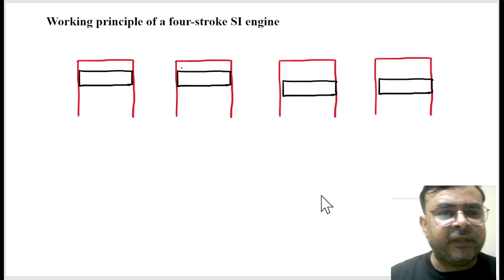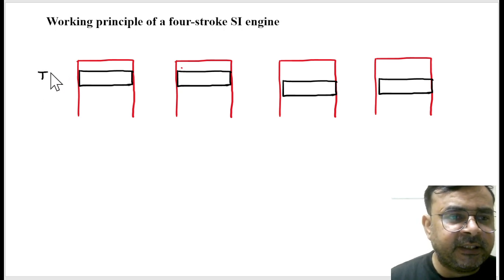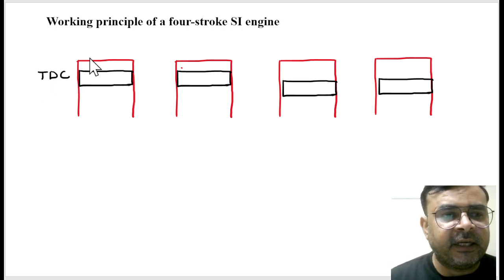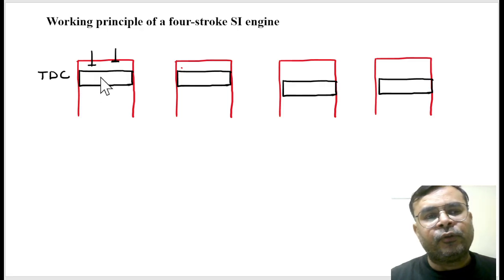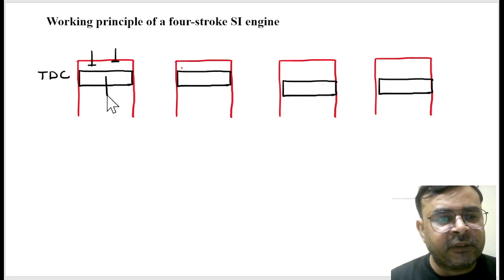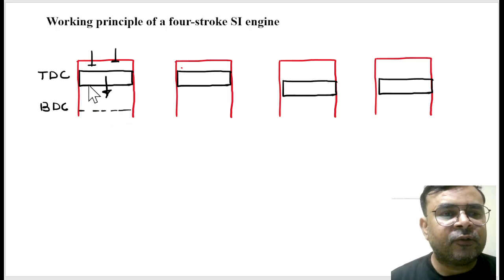Now you can see that initially, when your piston is positioned here at the TDC, the inlet valve is open and the exhaust valve is closed. When your piston moves from TDC to BDC, the fresh air-fuel mixture enters the cylinder.